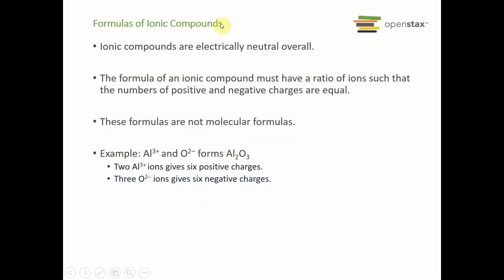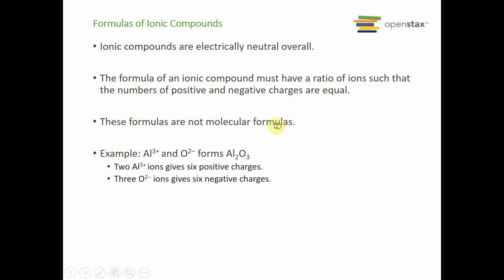Formulas of ionic compounds. Ionic compounds are electrically neutral overall. The formula of an ionic compound must have a ratio of ions such that the numbers of positive and negative charges are equal. These formulas are not molecular formulas. For example, aluminum 3 plus and oxygen 2 minus forms Al sub 2 O sub 3.